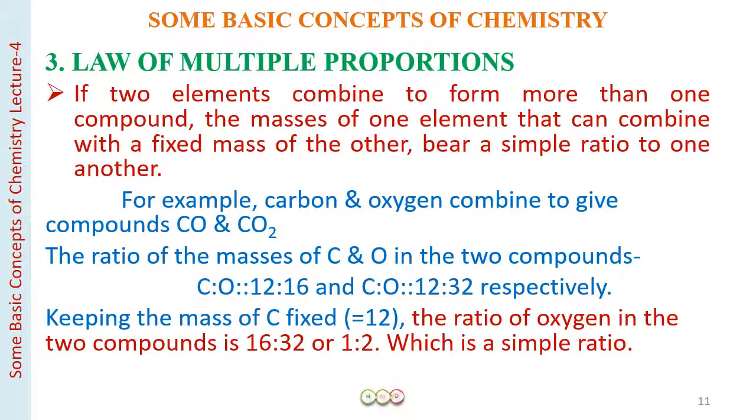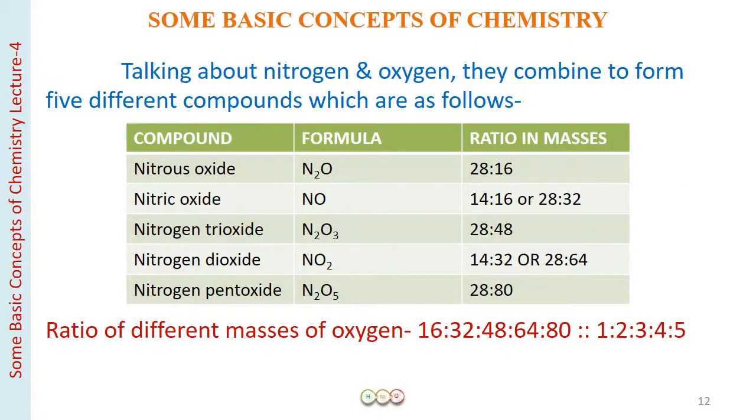We can see one more example. We have nitrogen and oxygen. So here nitrogen and oxygen combine to form 5 different compounds: nitrous oxide N2O, nitric oxide NO, nitrogen trioxide N2O3, nitrogen dioxide NO2, and nitrogen pentoxide N2O5. What we are going to do is fix the weight of one. Let it be nitrogen, because nitrogen is 2 or 1 atom in all the 5 compounds.